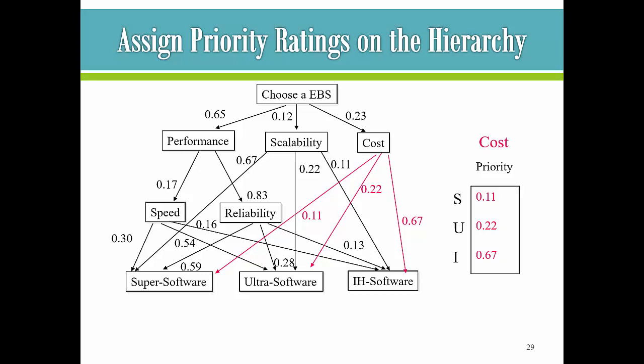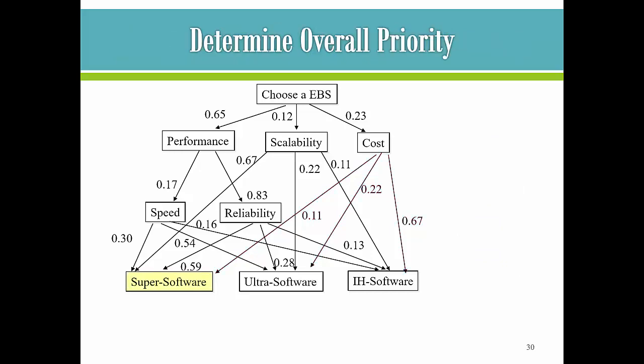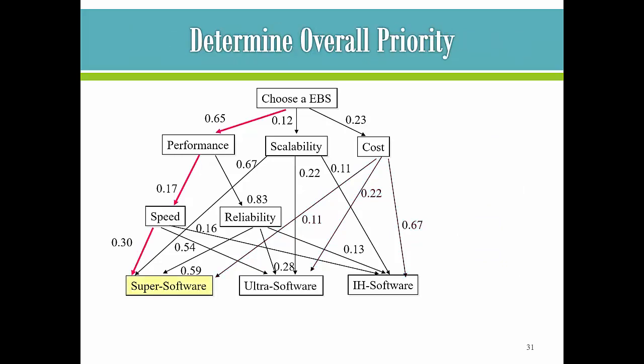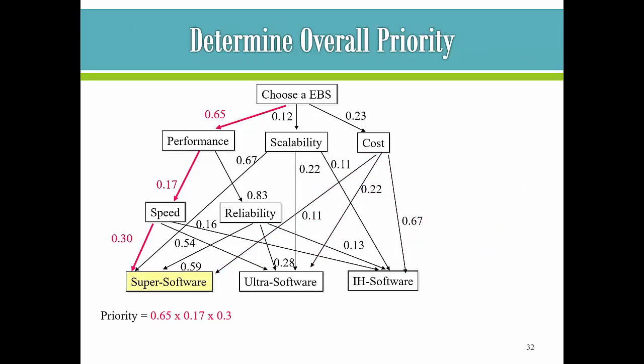The final step is to perform the decision. We need to know which software development will be the best: super software, ultra software, or in-house software. To perform the decision, we just need to identify the total relative number as the priority.